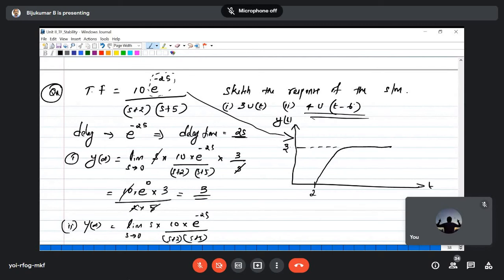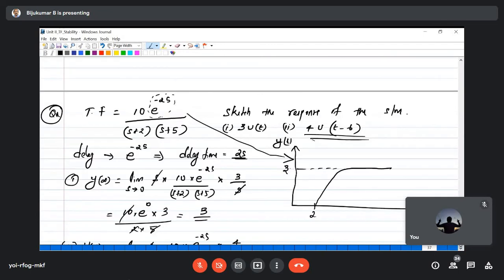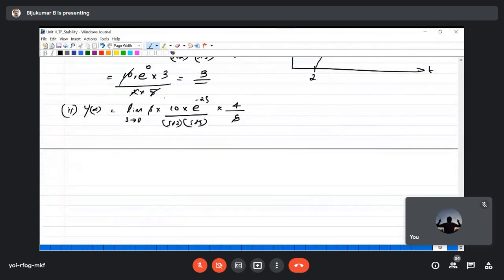And here also it is a delayed time function with a delay time of 6, right? So if you take the Laplace transform, it will become 4 by s. So s and s will cancel. What is the steady state value? 4, right? 10 got cancelled.